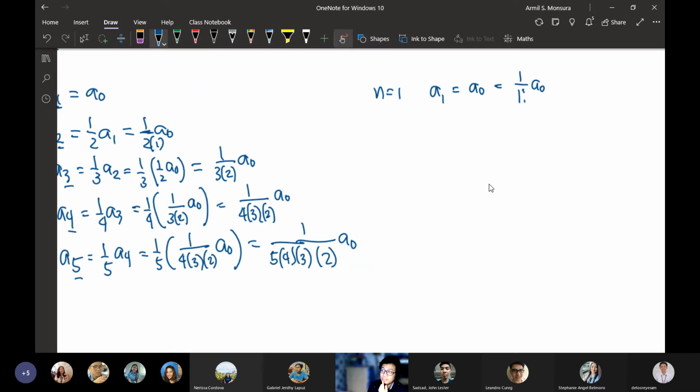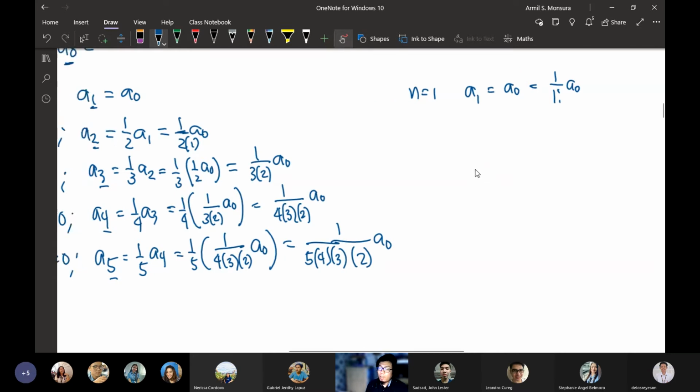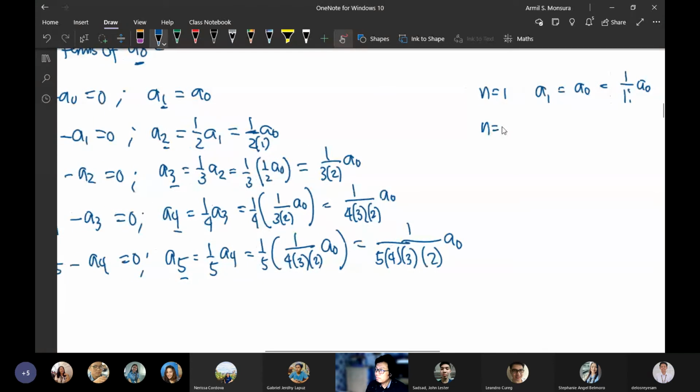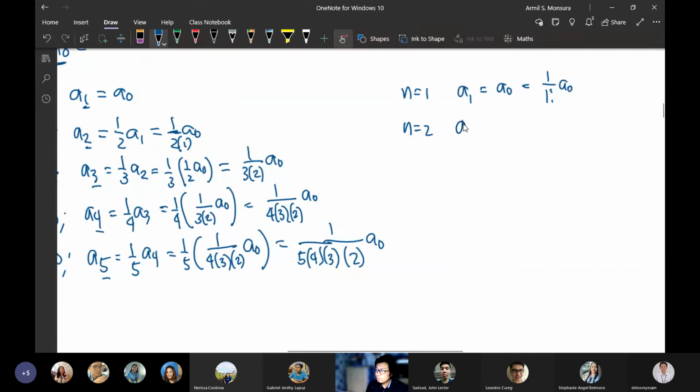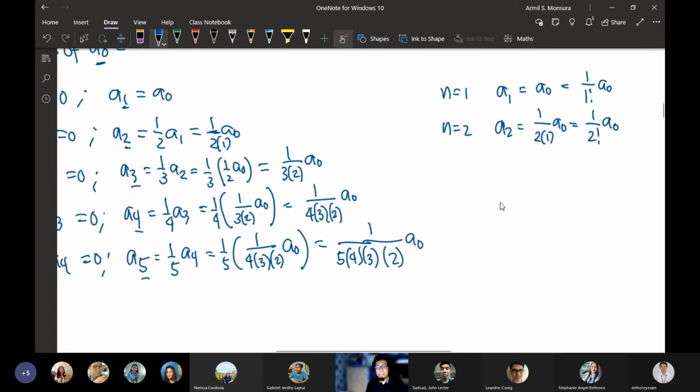Tama ba? Okay. When n equals 2, tingnan natin to. When n equals 2, a2 is 1 over 2 times 1 times a0, which can be written as 1 over 2 factorial times a0. Tama?